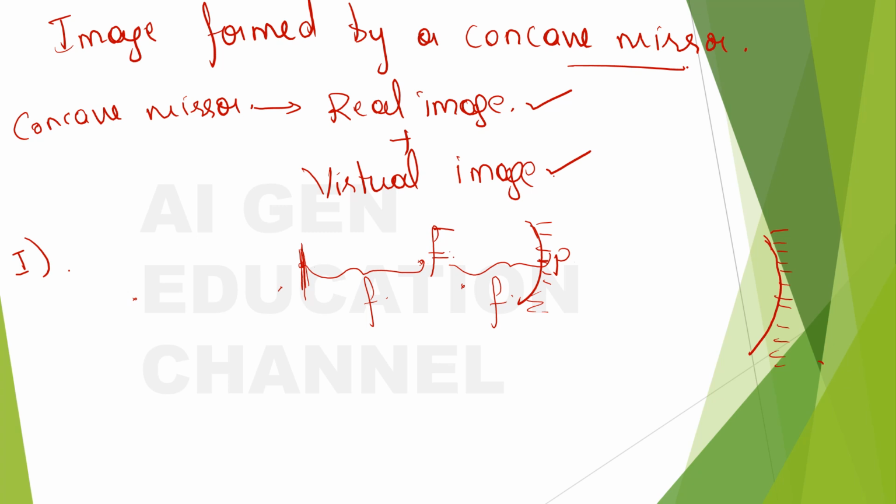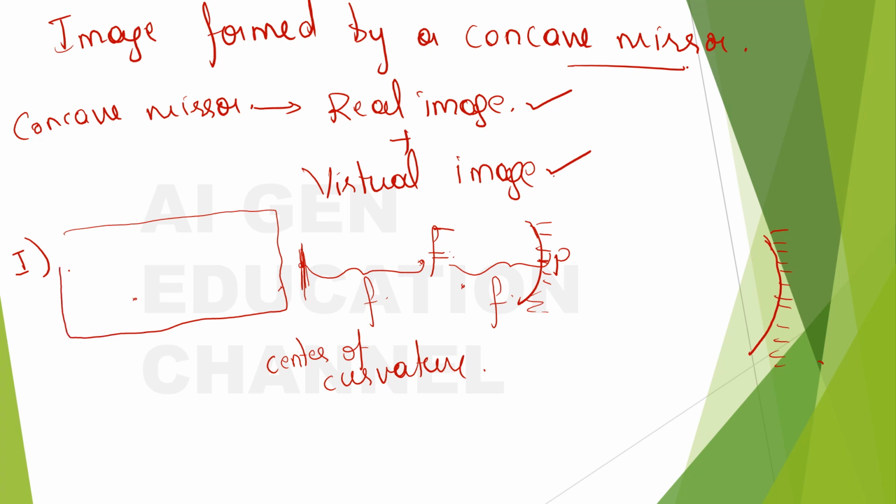What is this point called as? Center of curvature. Now let us place the object somewhere here, okay? Somewhere here, okay? Let us first place the object here. Okay, which object shall we place? We'll put a star. It is very easy, right?